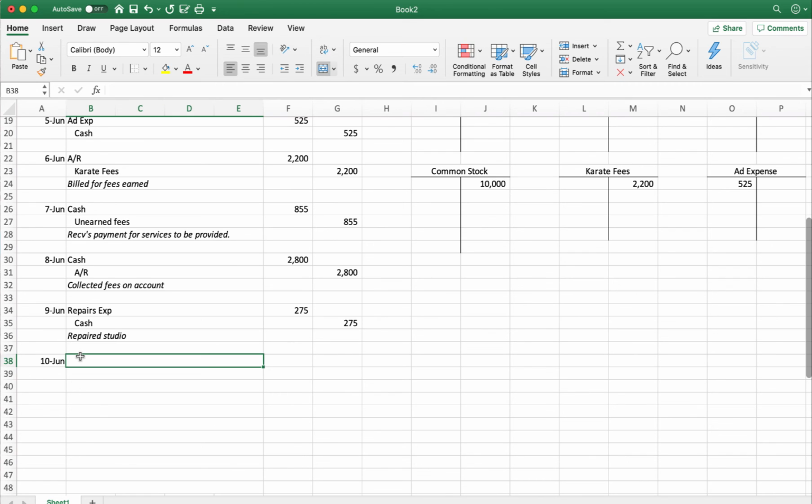Deferred revenue, right? We're deferring revenue, or I'm sorry, scratch that, accrued revenue. We're going to recognize first, get the cash later. That's accrued revenue. So whenever I book accrued revenue, what do I have to do? Debit an asset, accounts receivable, credit revenue, or in this case, karate fees.